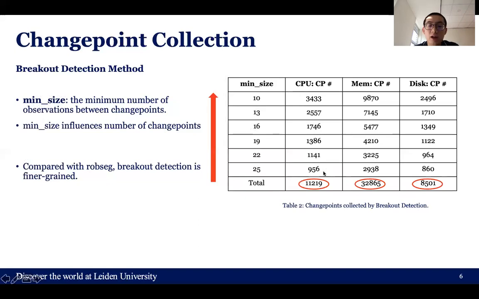In the end, we collected more than 11,000 CPU change points, 32,000 memory change points, and more than 8,000 disk change points. Compared with RobSeg, we could say that breakout detection is more fine-grained, because it collects more change points than RobSeg.